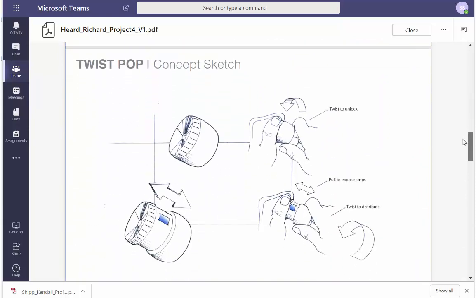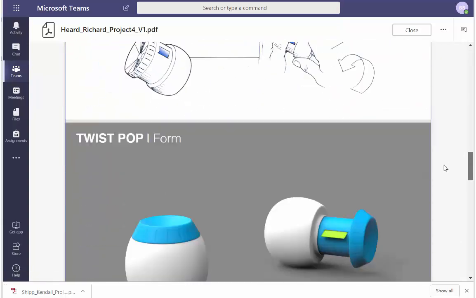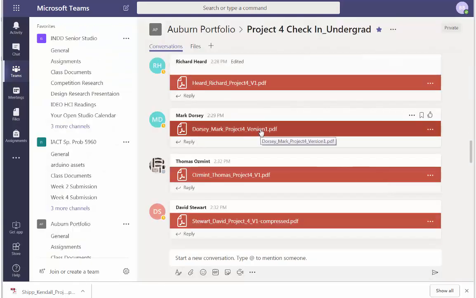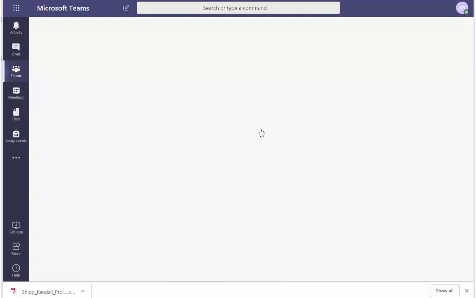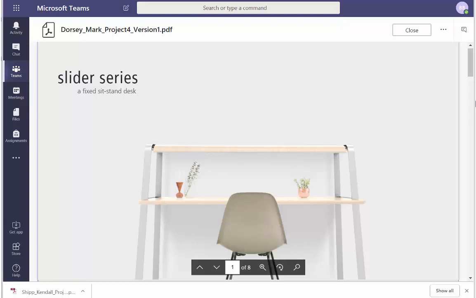And how is this so much better than your traditional pills? Why are these floating?